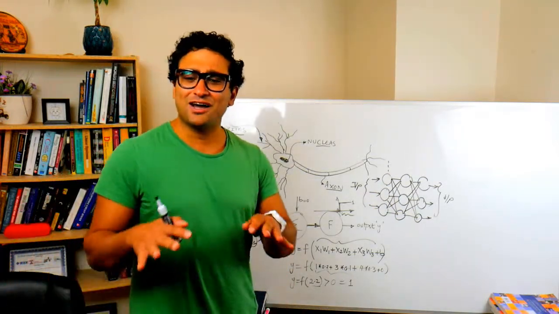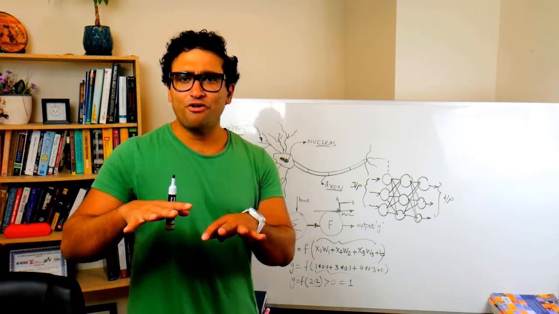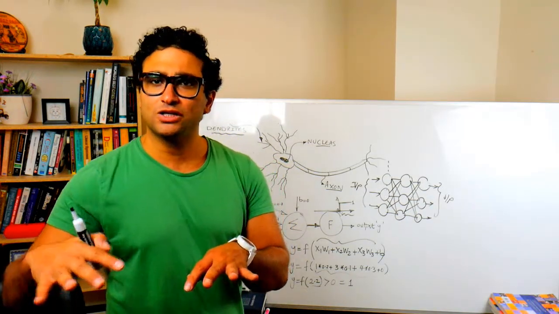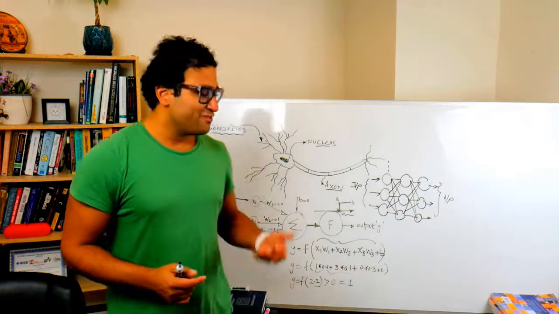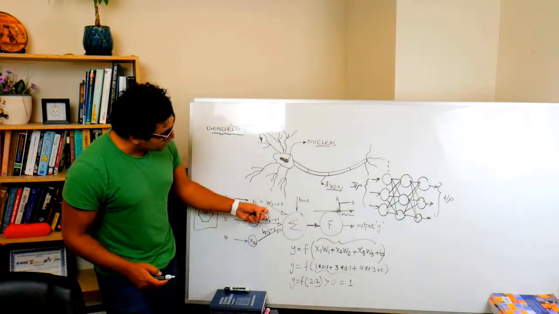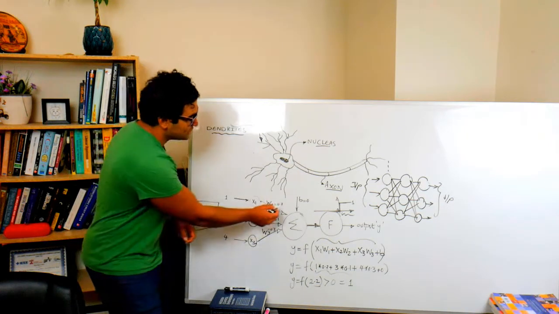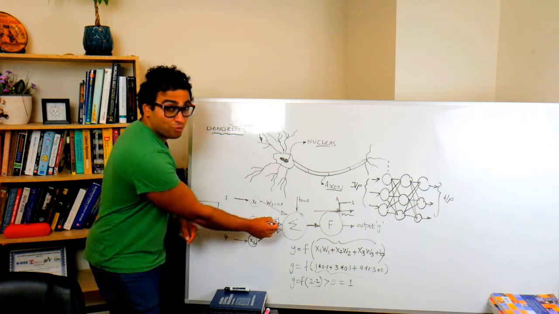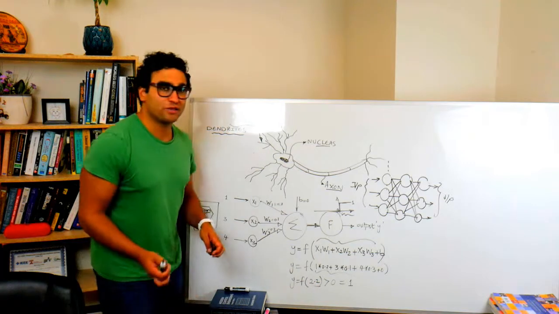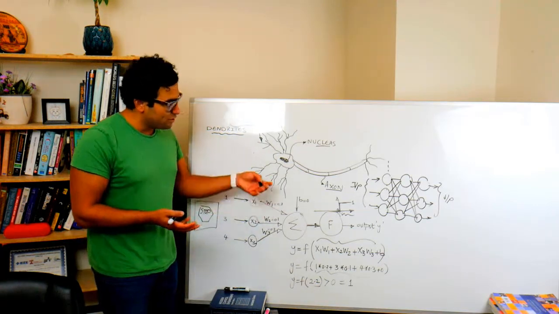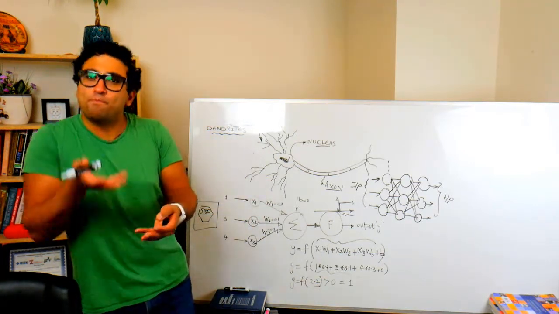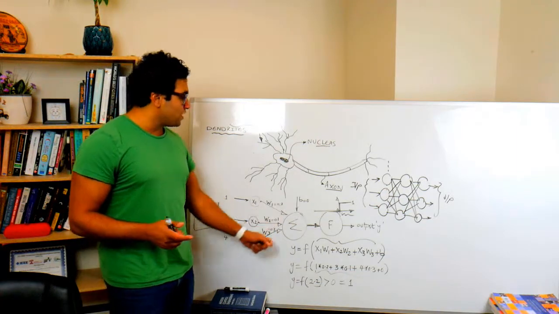Think of weights as a way of assigning importance to some inputs compared to the others. For example, these weights are weight 1, weight 2, and weight 3. Weight 1 has a value of 0.7, weight 2 a value of 0.1, and weight 3 a value of 0.3, which means that weight 1 has a higher importance in a way compared to the other 2 weights.